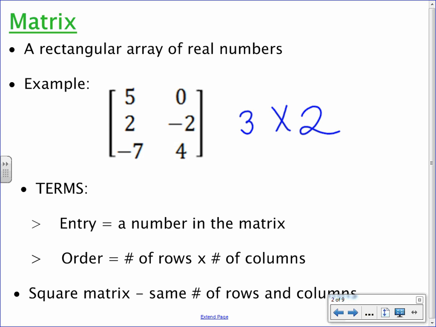The reason we are talking about matrices after our systems chapter is we can actually use matrices to help us solve systems of equations. Everyone good with the lingo?